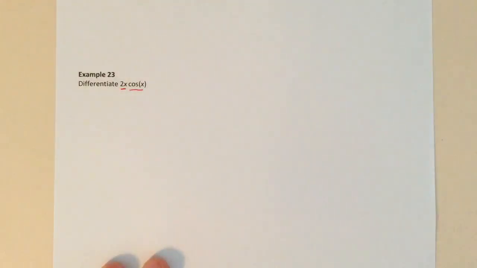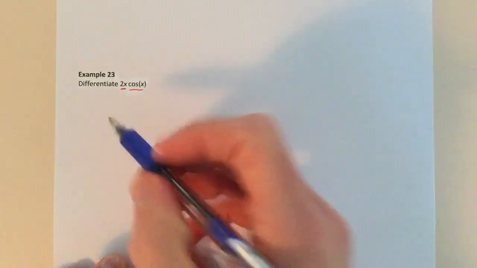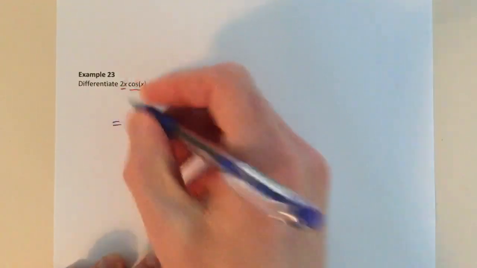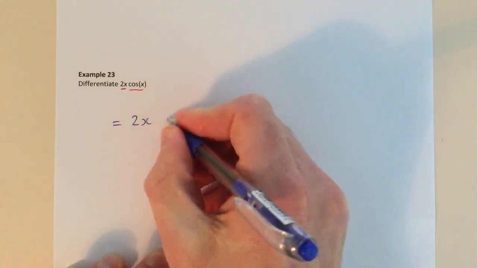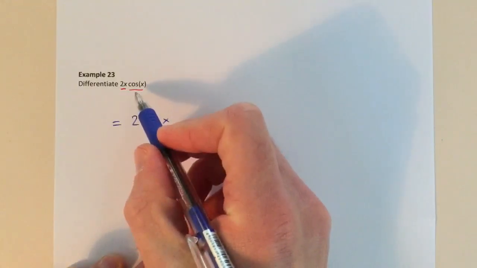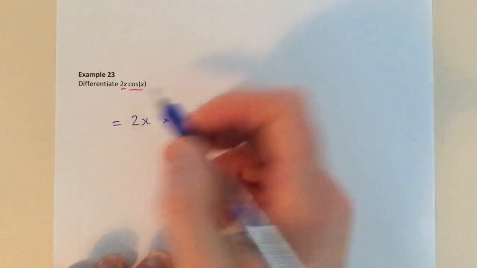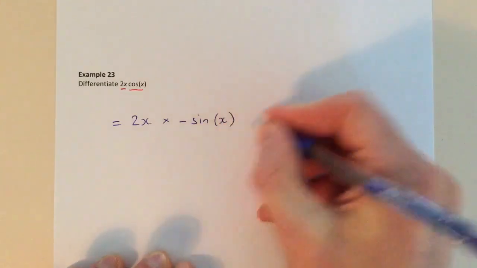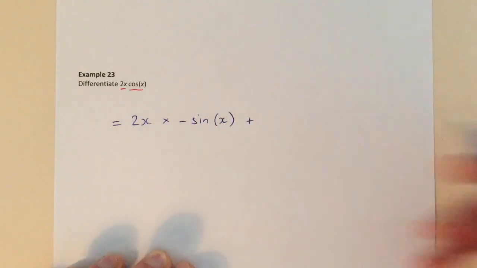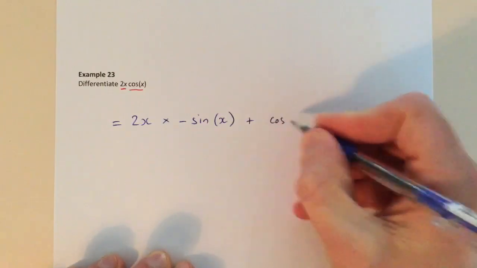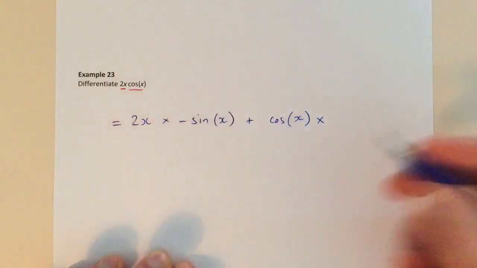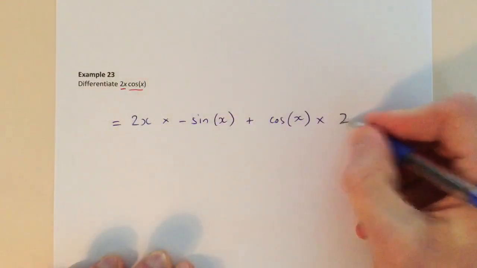So we're going to go through the same steps again. If that's our original function, then the derivative will equal: write down the first thing, 2x, times the derivative of the second thing, the derivative of cos x, which is negative sine of x, plus put down the second thing, cos x, times the derivative of the first thing, and the derivative of 2x is just 2.